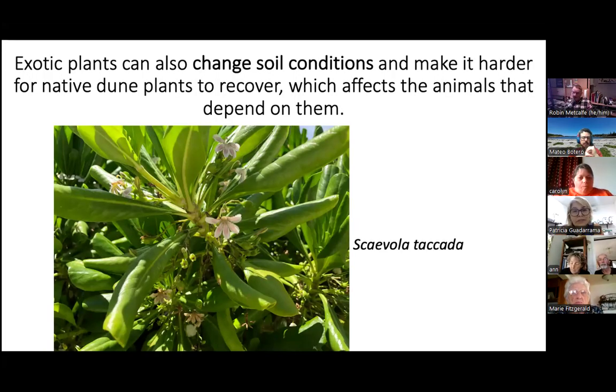This species can also change soil conditions and make it harder for native dune plants to recover, which affects the animals that depend on them. In Cancun this species is very common.